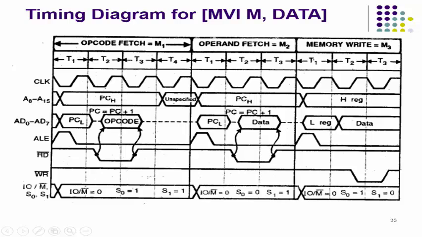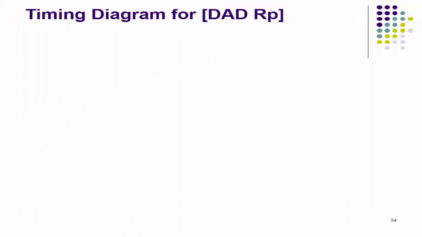One thing to consider is that in the opcode fetch cycle, the program counter gets incremented by 1 to point to the operand, and in the second machine cycle, that is the operand fetch cycle, the program counter again gets incremented by 1. So in this way the program counter plays an important role during execution to fetch the data from the memory.